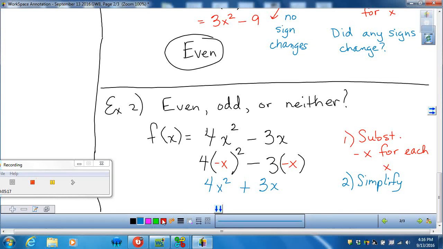So now, once I've done that, I'm going to check my signs. I want to know, did any of my signs change?